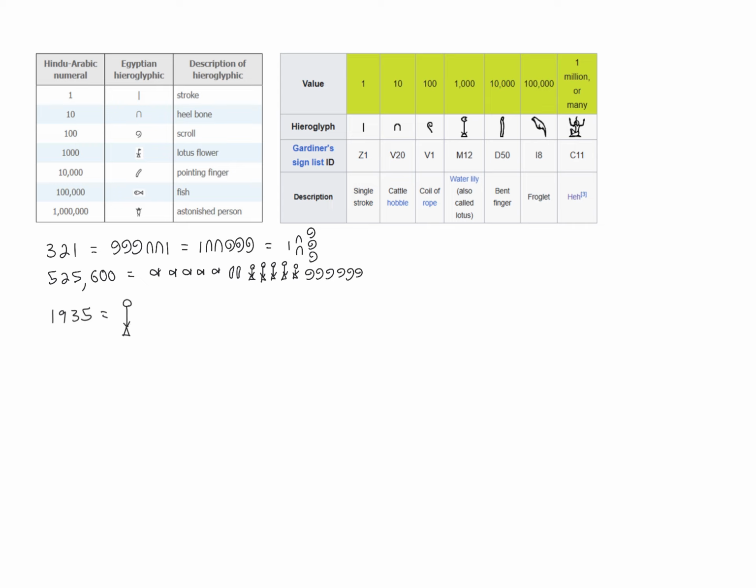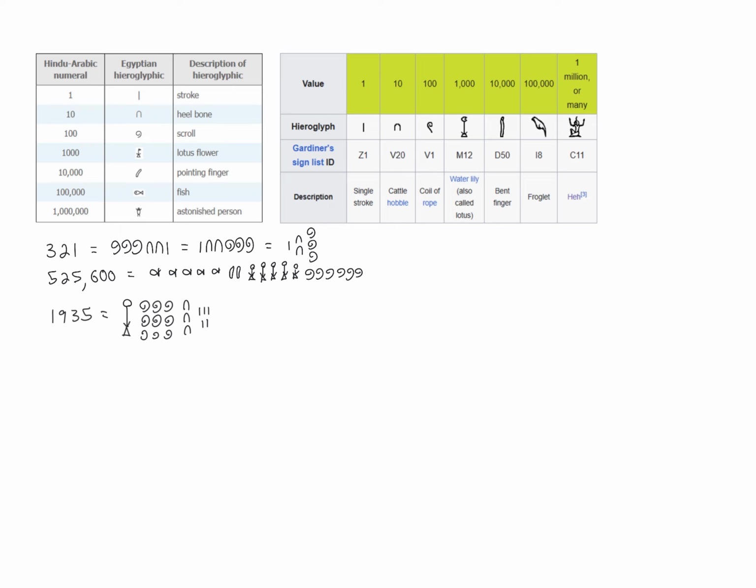And then 900s, so that's going to be 9 scrolls. 1, 2, 3, 4, 5, 6, 7, 8, 9. And then 35, that's going to be 3 heel bones. And then 5 strokes. So we could write it something like this.